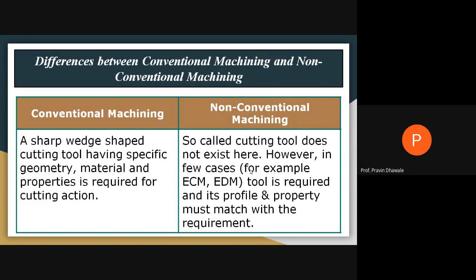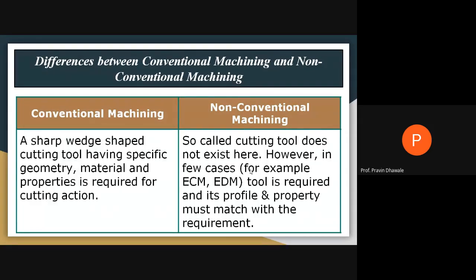If you are considering the non-conventional machining process, we require the cutting tool. It may be a single point or multi-point cutting tool. But that cutting tool must have certain specific geometry. It must be harder than the material of the workpiece which is to be machined, and it must have certain mechanical properties required for carrying out the cutting action.